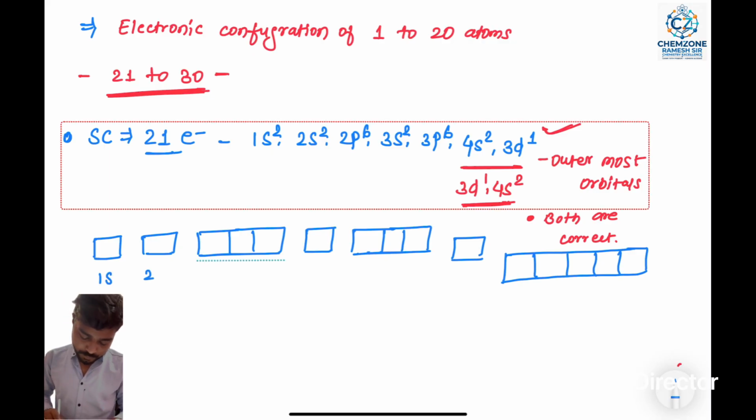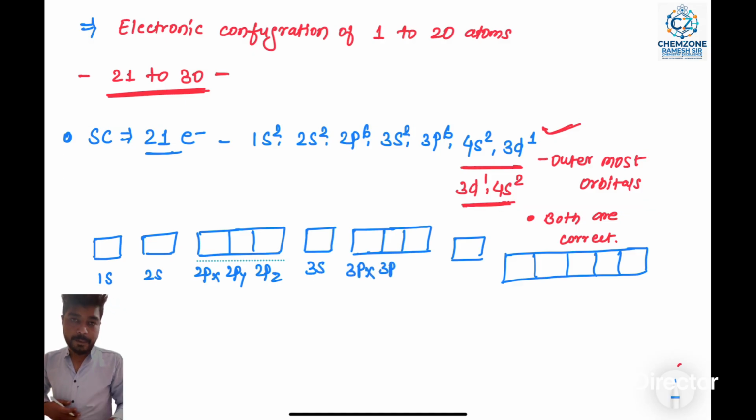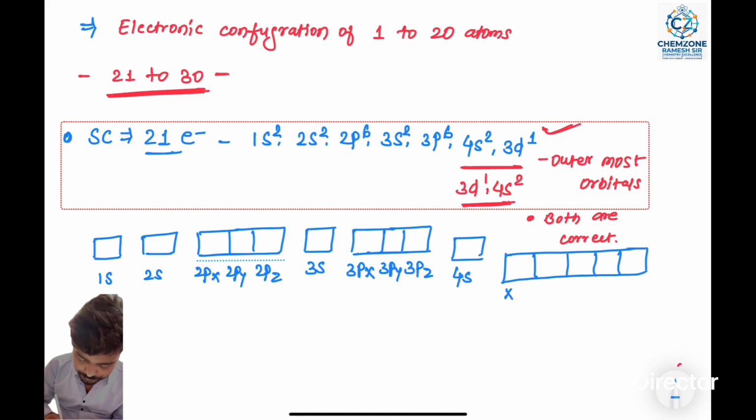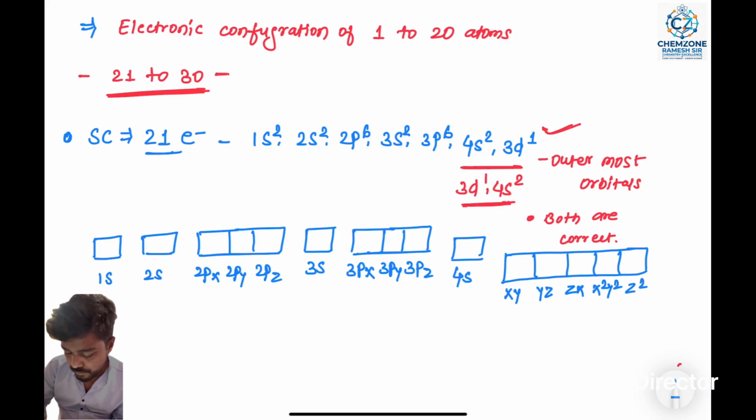So 1s, 2s, 2px, 2py, 2pz, then 3s, 3px, 3py, 3pz and 4s. Okay, xy, yz, zx, x square minus y square and z square, that is the nomenclature of your orbitals.